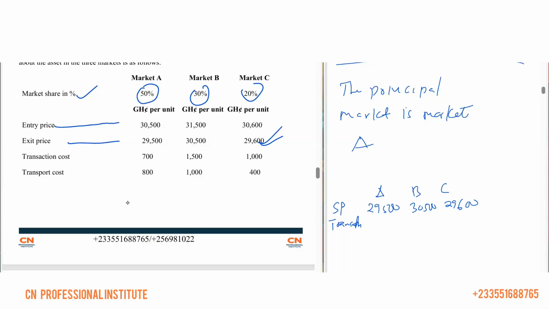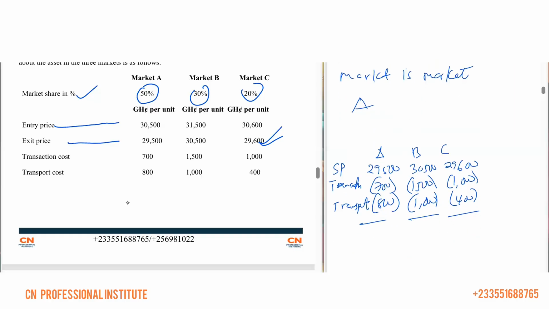The transaction cost for market A is 700, market B is 1,500, and market C is 1,000. Then we look at the transport cost: market A is 800, B is 1,000, and C is 400. You see, we have to deduct these, and then get the net amount.